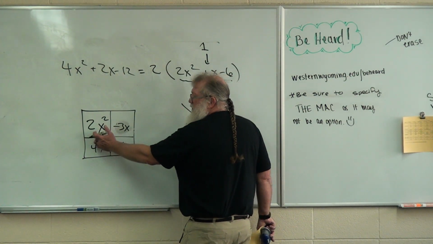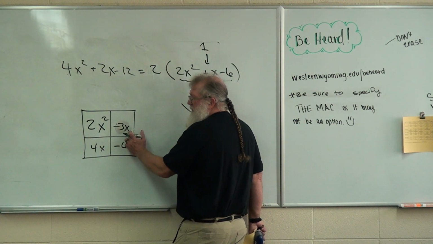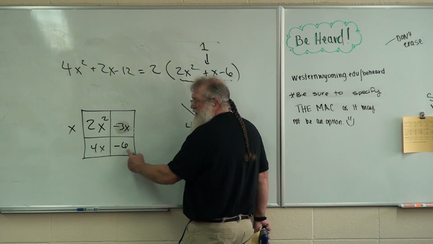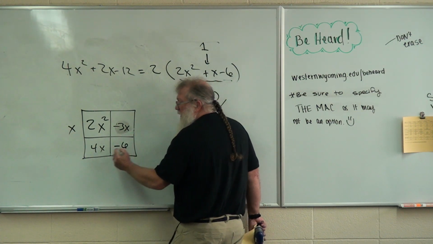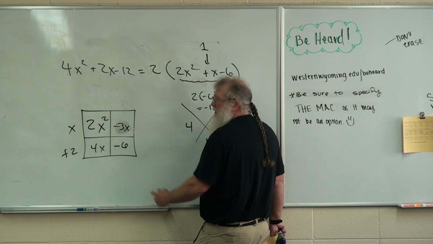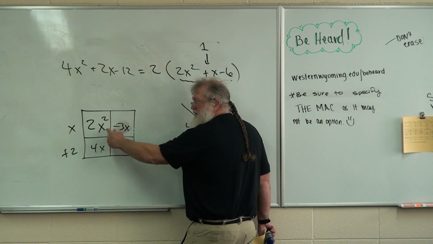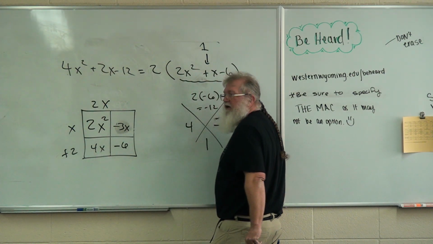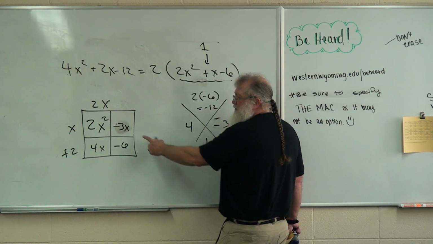So 2x squared minus x, nothing in common but what? An x. 4x minus 6, well 4 and 6 have a common what? 2. 2x squared and 4x, well there's a common x to begin with, and 2 goes into both of them, so I can pull out what? A 2. Minus 3x and minus 6.